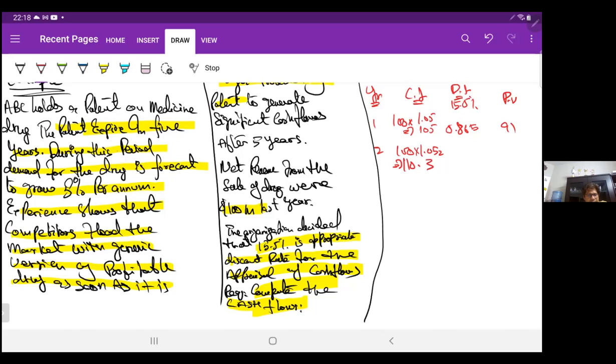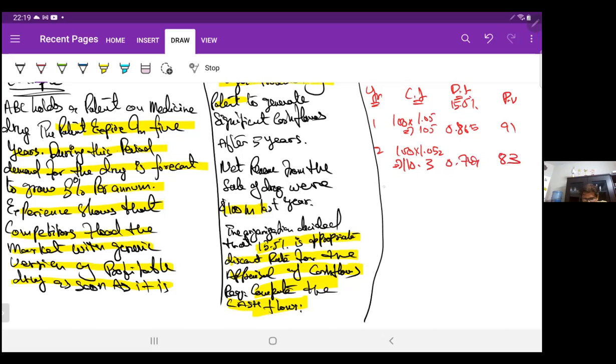While for the cash flow purposes, I'm just using the ready-made values. Otherwise, you can do it by 1 divided by 1 plus 0.155 to the power of the number of years. So it's 110.3 and then 0.749, you will get 83.